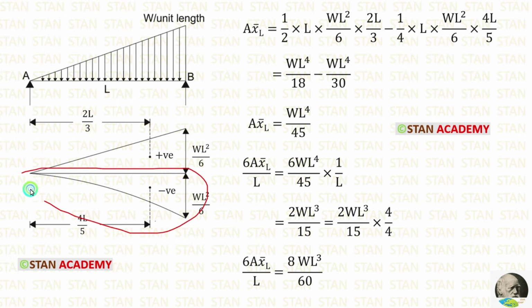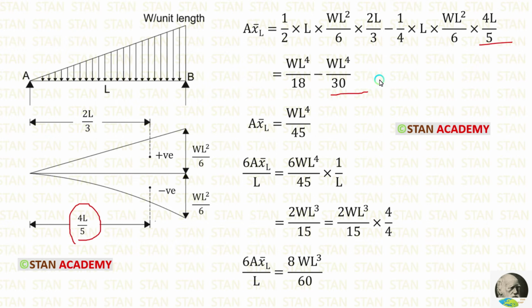For this parabola, the area formula is 1 by 4 into breadth into height. Also, it should be negative. The centroid to the left side is 4 by 5 into L. After simplification, we are getting WL power 4 by 30. Finally, for A X bar L, we are getting WL power 4 by 45.